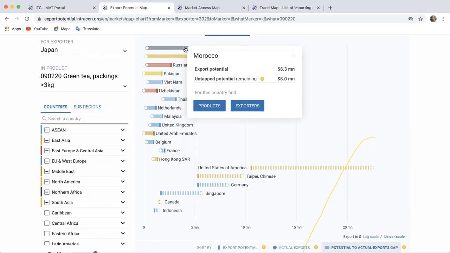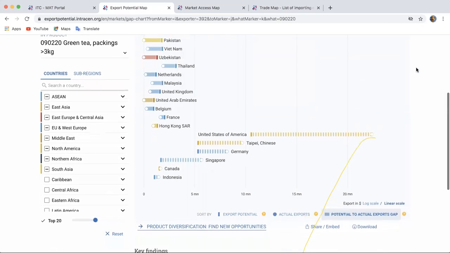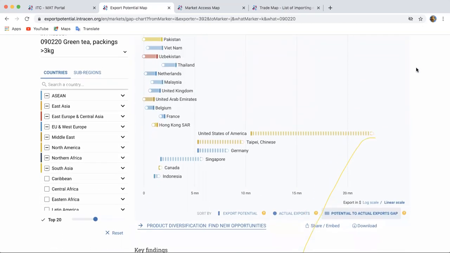I do love this tool as an idea. It gives you a new idea sometimes, like this Morocco story. Then we can go back to Trade Map and look into whether Japan already has good relationships with Morocco, and whether there are contact details in Trade Map available for Moroccan importers, etc. So I think this gives you a very good start.